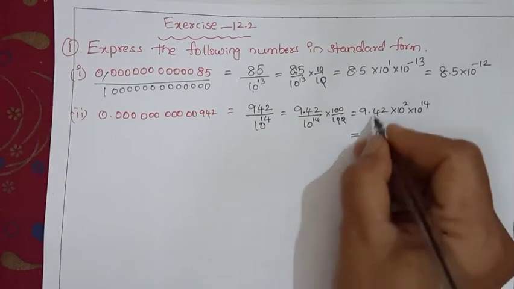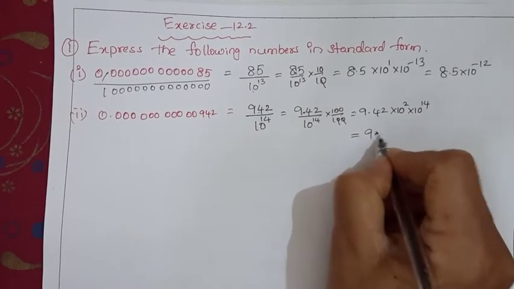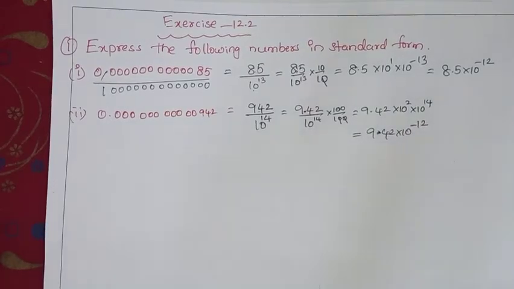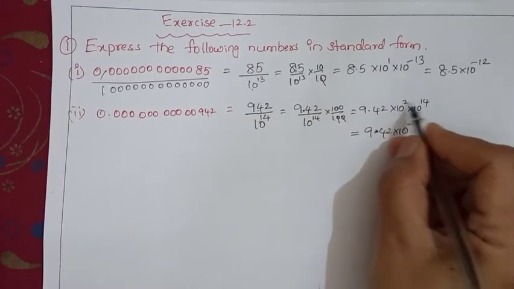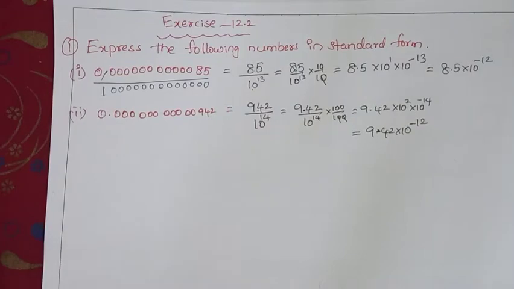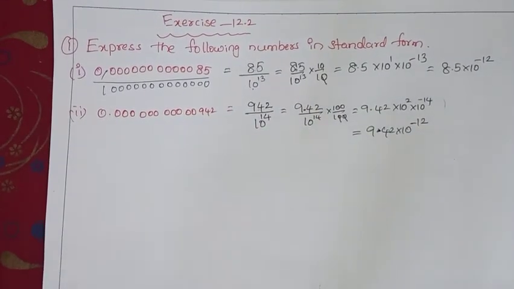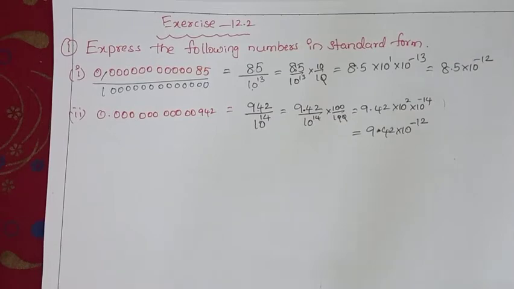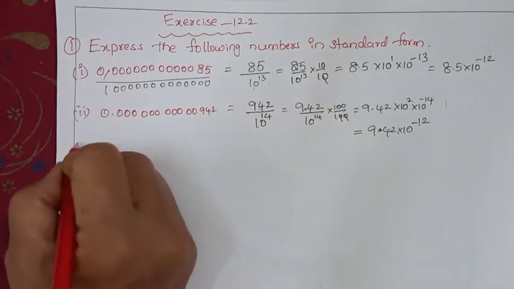Now this last step here I will write 9.42 into 10 to the power of minus 12. I'm just subtracting 2 minus 14, because the denominator power takes place negative. Okay, next.